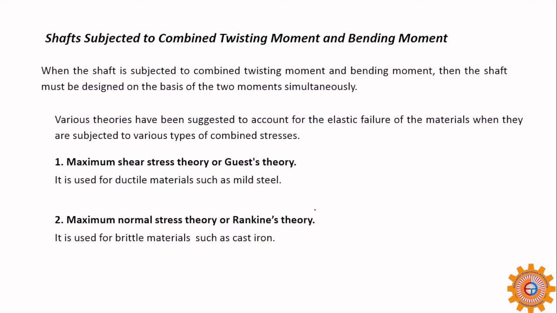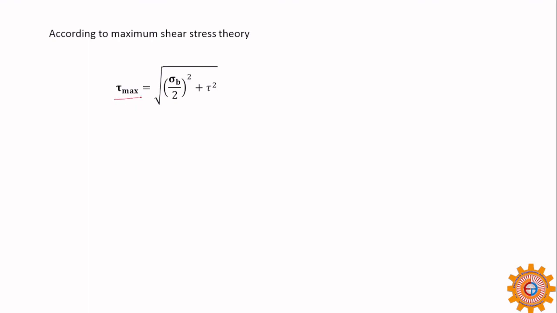So according to maximum stress theory, what is maximum shear stress? For a general case, the principal stresses 1, 2 are equal to (sigma x plus sigma y) by 2 plus or minus the square root of ((sigma x minus sigma y) by 2) whole square plus tau xy whole square.